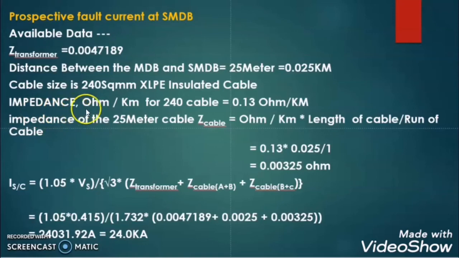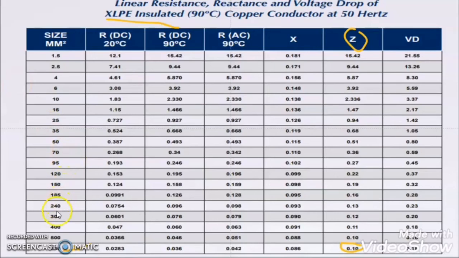From the technical data sheet of the cable, we can get the impedance in ohm per kilometer for 240 square mm cable. Here you can see that for 240 square mm XLPE cable, the impedance value is 0.13 ohm per kilometer, which I mentioned here.